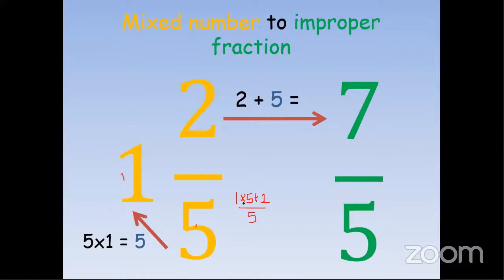Yes, it's the same thing. We are multiplying the denominator by the whole number plus the numerator. You still come up with the 7. Good, thank you. You're welcome.